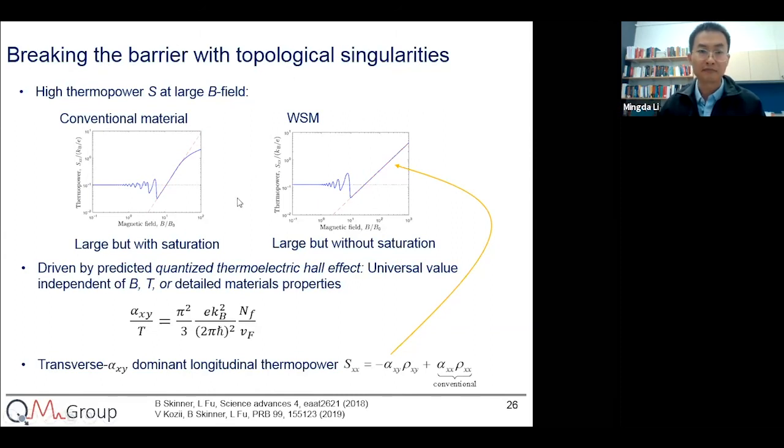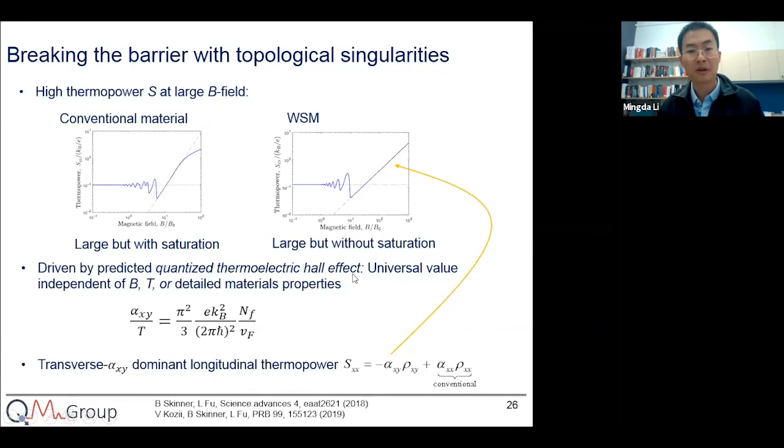So the first thing, they showed that a high thermal power can be generated at a very high magnetic field. For conventional material, if we apply an external magnetic field, there will be some saturation. But this Weyl semimetal will keep growing with the increased magnetic field. And the reason for that is largely related to the so-called quantized thermoelectric Hall effect.